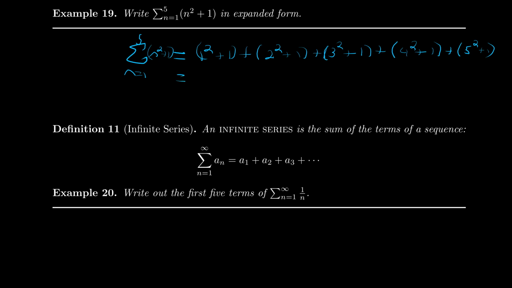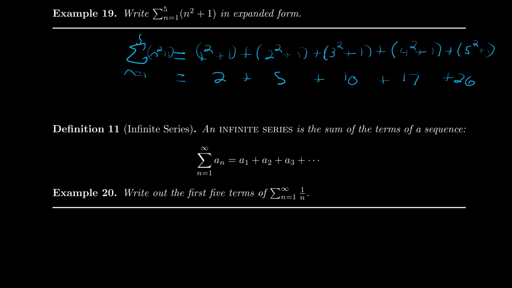So what is this? Well, 1 squared plus 1, 2 squared plus 1, 3 squared plus 1, 4 squared plus 1, and 5 squared plus 1, we can all just do, right? And we get 2 plus 5 plus 10 plus 17 plus 26, okay?